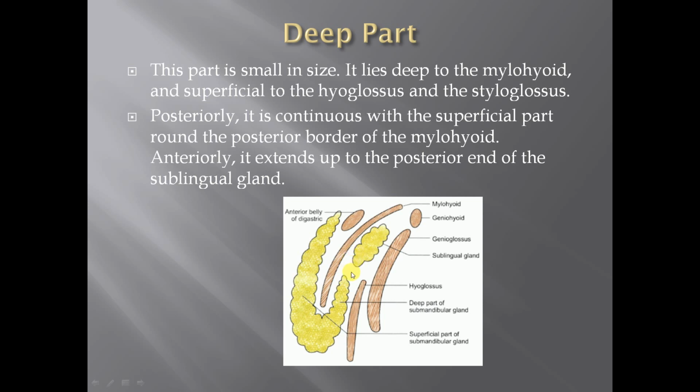Posteriorly it is continuous with the superficial part around the posterior border of the mylohyoid, and anteriorly it extends up to the posterior end of the sublingual gland.